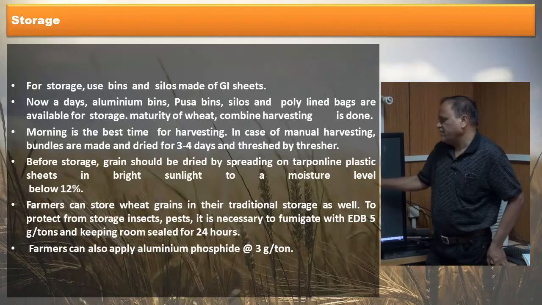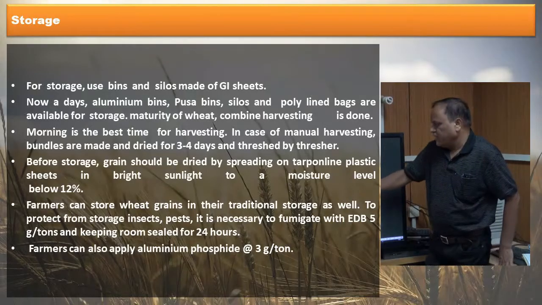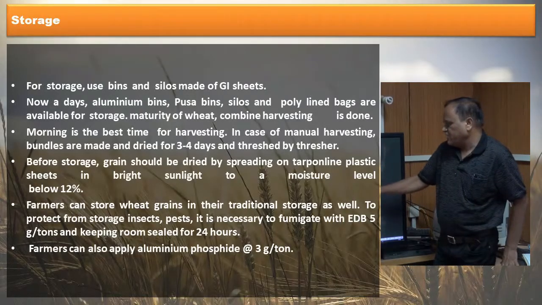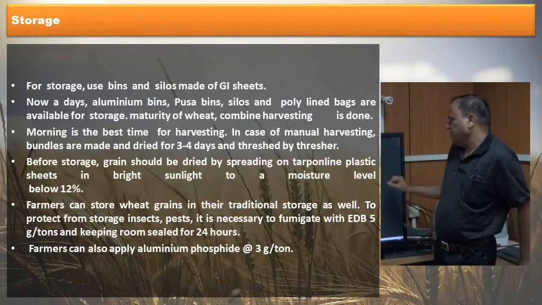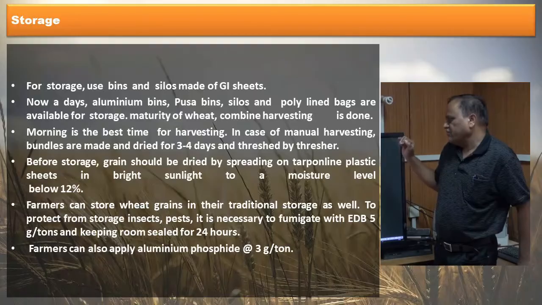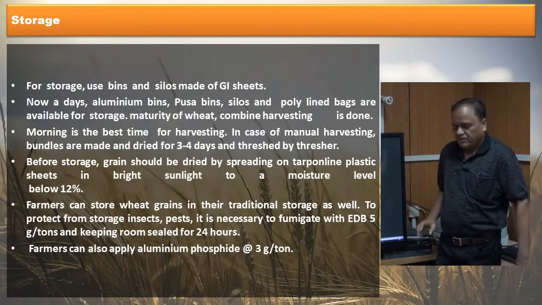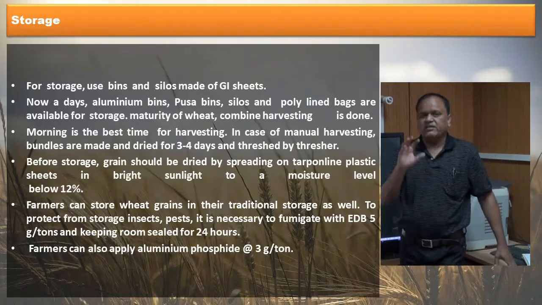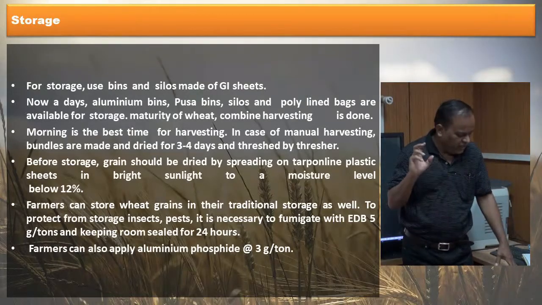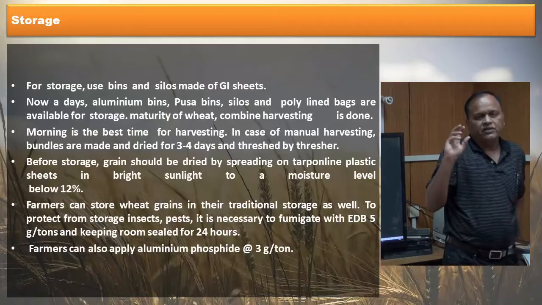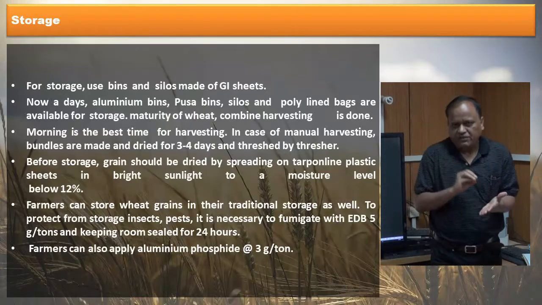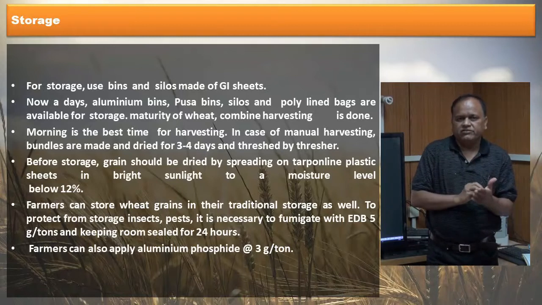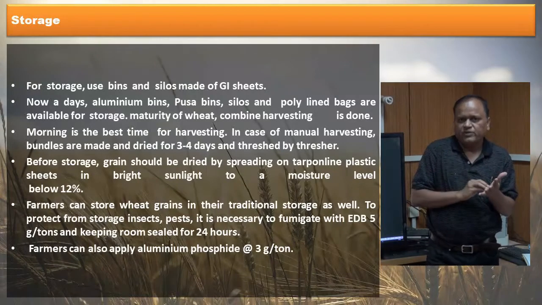The majority of wheat harvesting is done by combine. Morning is the best time for harvesting. In case of manual harvesting, bundles are made and dried for 3 to 4 days, then threshed by a thresher. At the time of harvesting, the moisture percentage is 25, but for storage, what should the moisture percentage be?